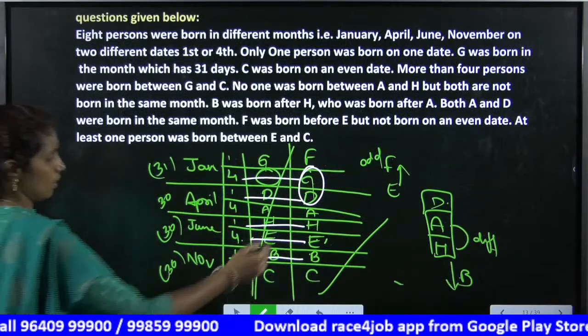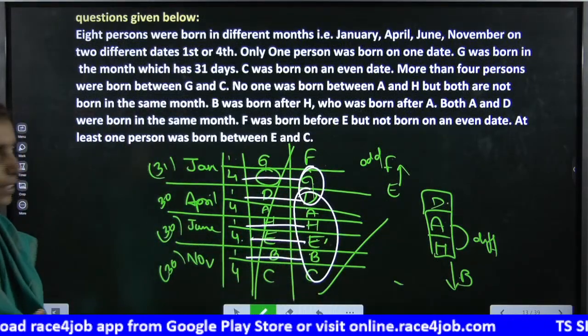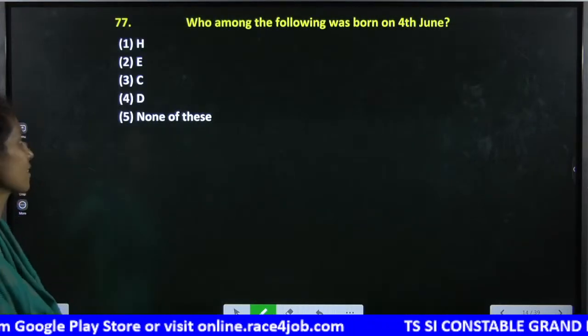Okay. These are all in the 30 days. As for G, it is on an odd date. See, 31 days.